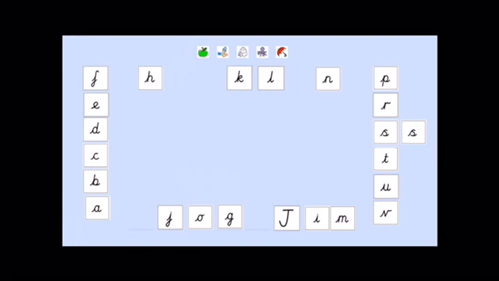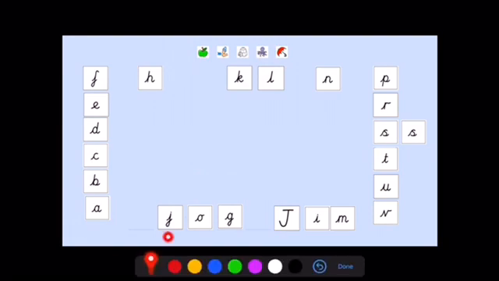I think it would be fun if you carried on the lesson for yourself. You can put these words back and then see which other words you can think of, either beginning with the letter J or words that rhyme. Jog.